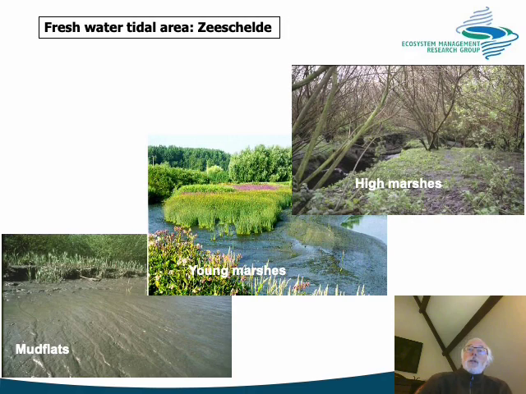Also here you can see some examples of the different habitats along the Schelde, and this is in the freshwater tidal area, where you can see in the left corner the mudflats, then the tidal marshes, with first the young marshes with the pioneer vegetation, and then the mature marshes, the high marshes.